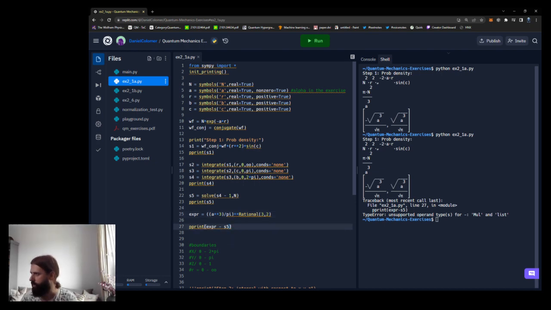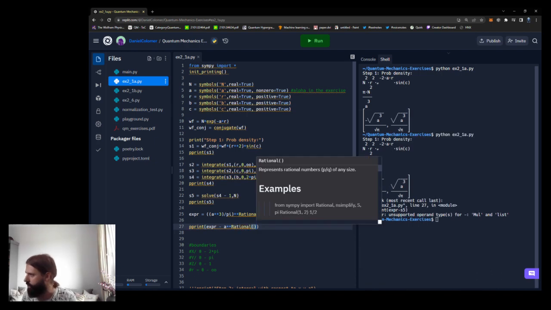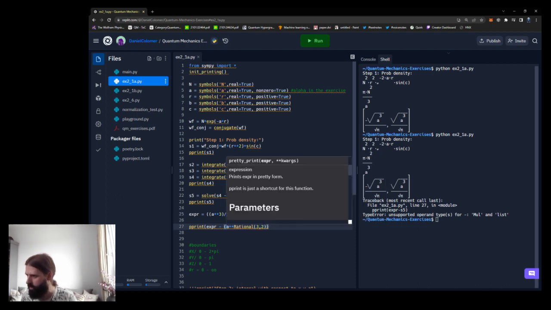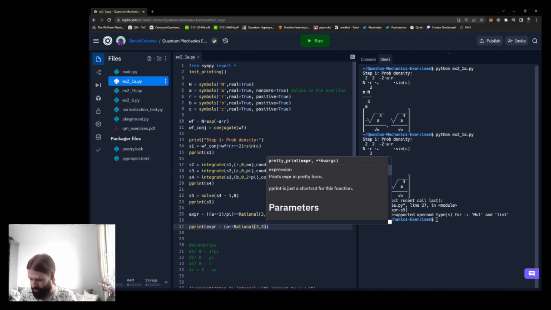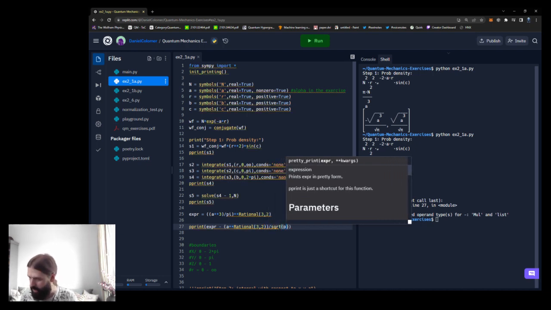S5. Well, I guess I'll just do a rational, and this is 3, 2, and then it's divided by square root of pi.